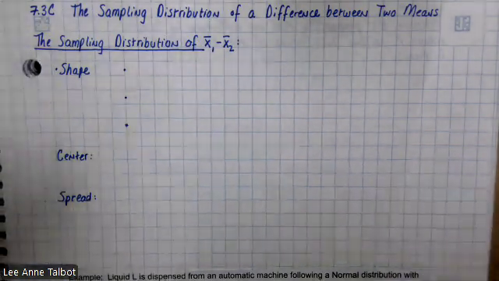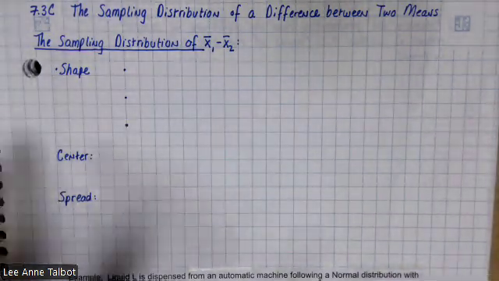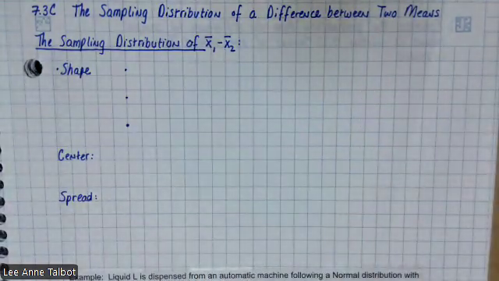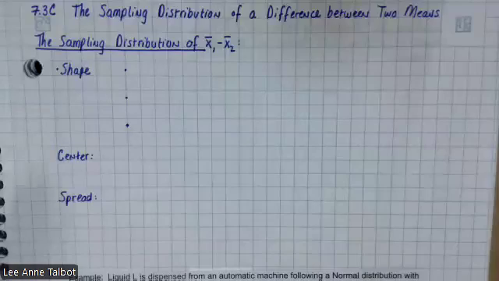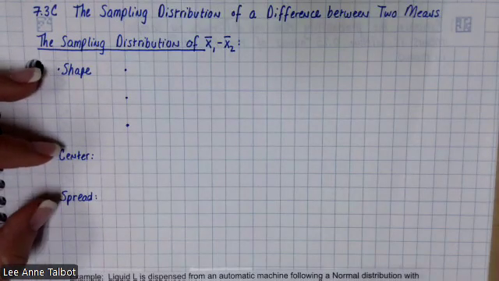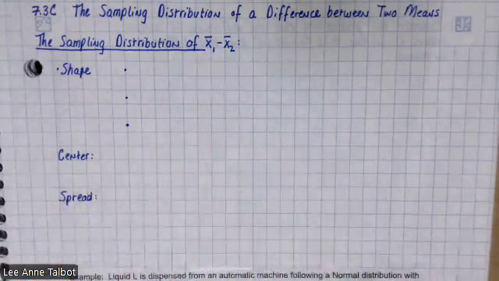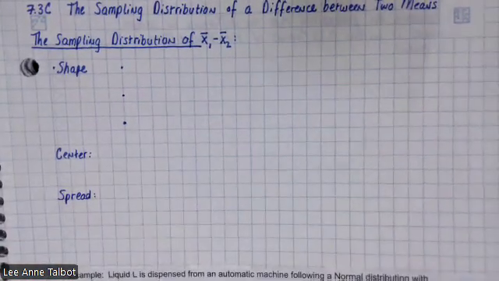Okay. Now, last notes: sampling distribution of a difference between two means. I want you to get your yellow sheets and try to find the center and spread for the sampling distribution of X bar 1 minus X bar 2.